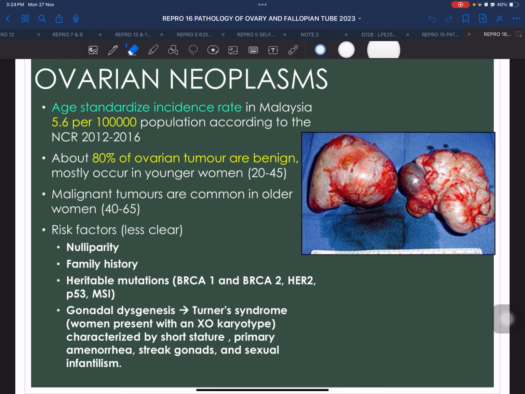And these mutations are also associated with breast cancer. It is more so with the BRCA1 mutation. The lifetime risk of ovarian cancer in a BRCA1 carrier is about 30%, but BRCA2 is much less.